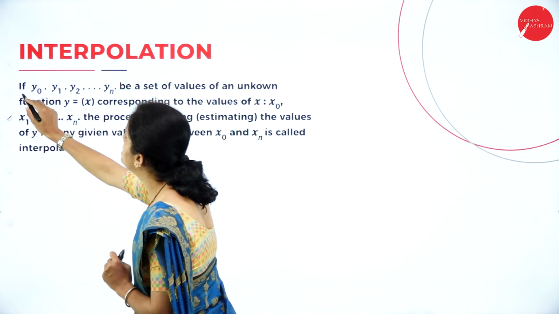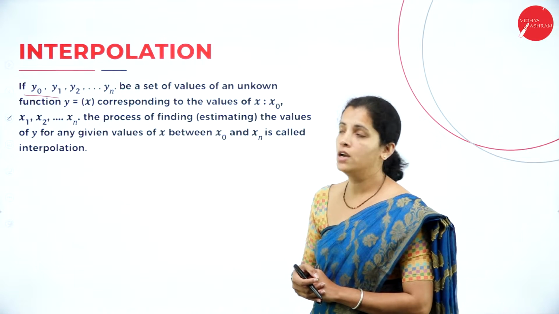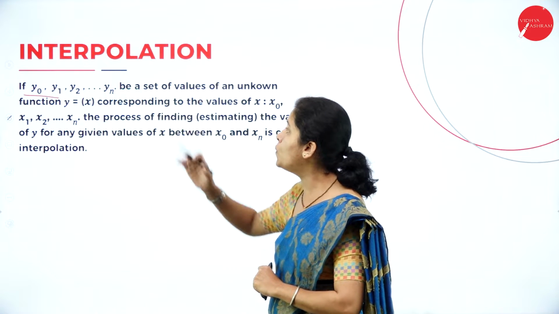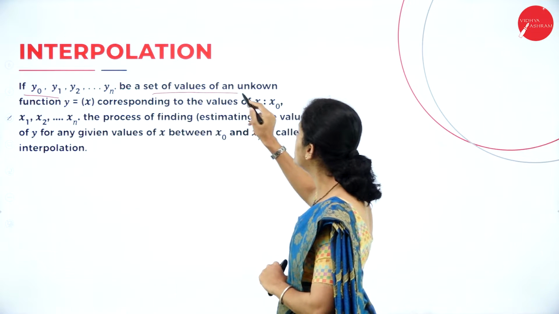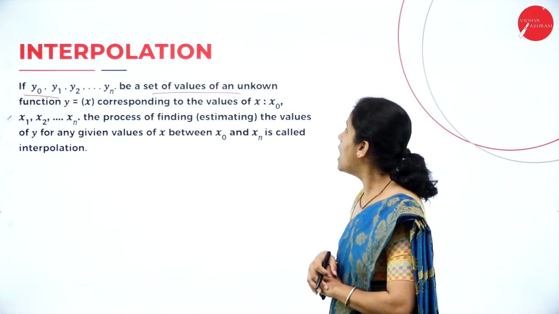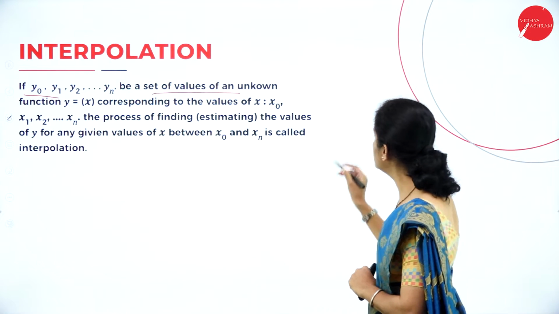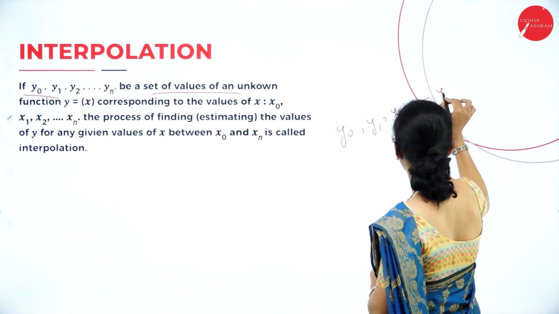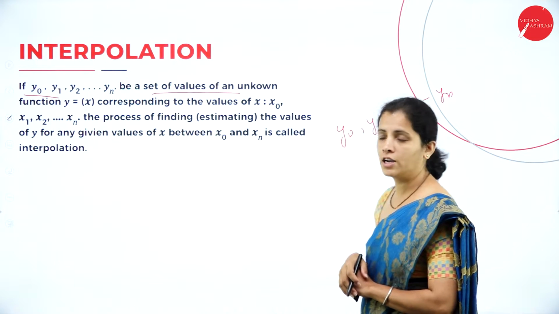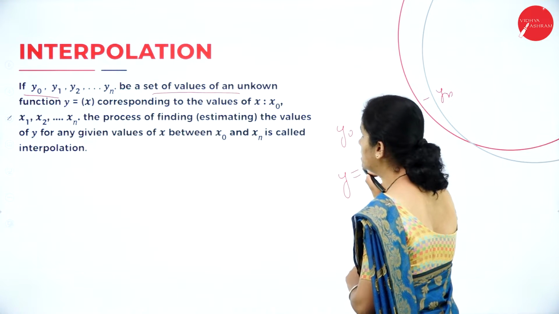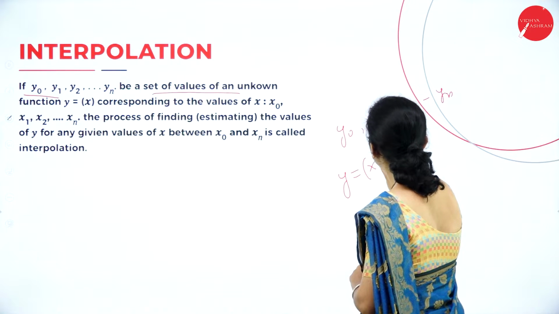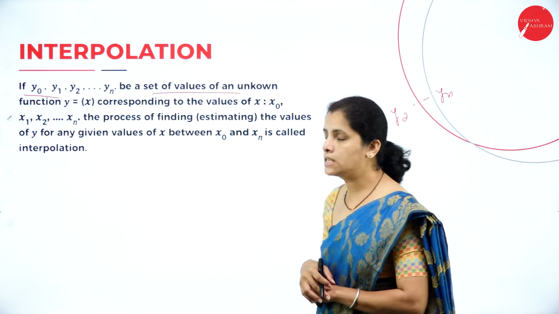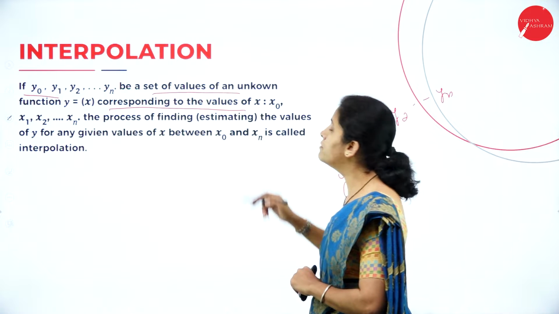Now let me consider this statement, that is if y0, y1, y2 and up to yn be a set of values of an unknown function, then y can be written as f of x, corresponding to the values of x.